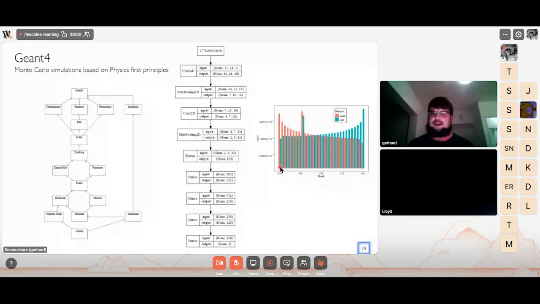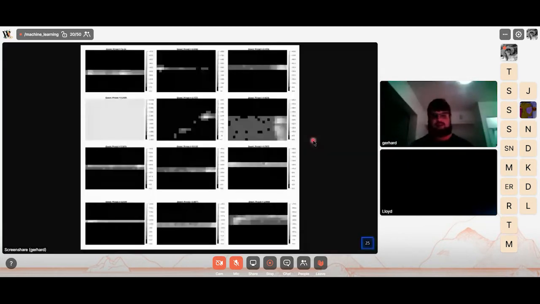This distribution over here is the classifying neural network's predicted probability that this particle is real. If it's 1, then it's very certain that this is real data. If it's 0, then it's 100% certain that this is simulated data. So basically, we are able to distinguish these two quite well.